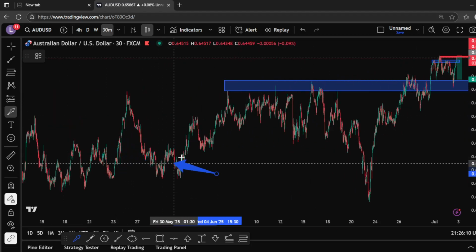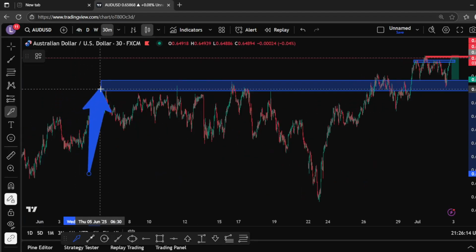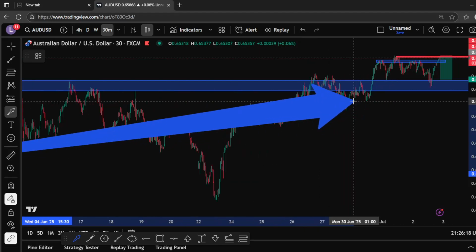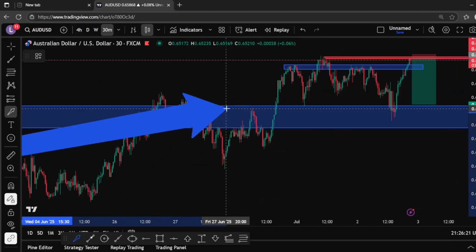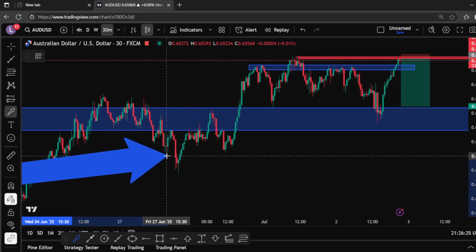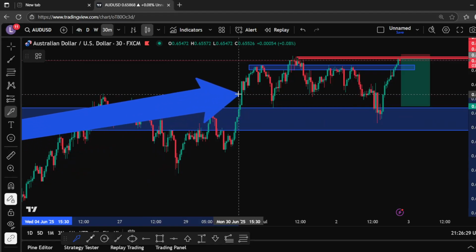So as you can see, we were uptrending and then we came to the price. We started rejecting this area.